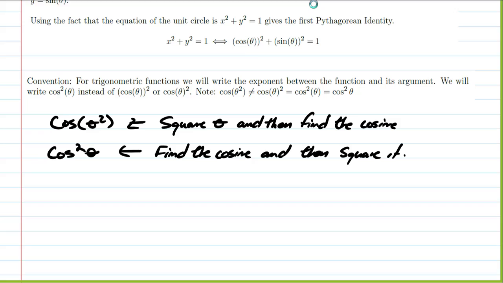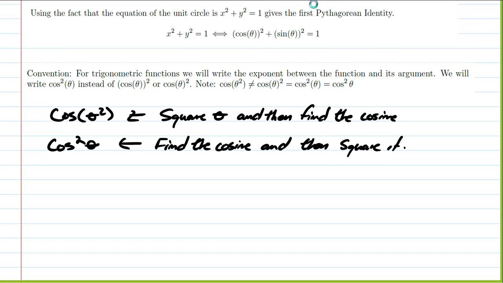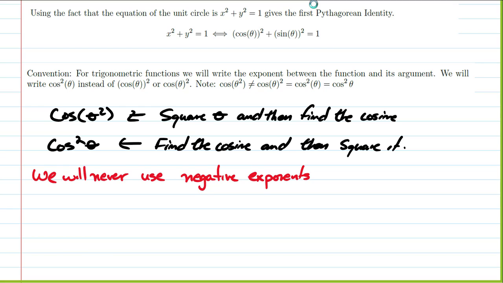So the other thing is we will never use exponents on trigonometric functions.